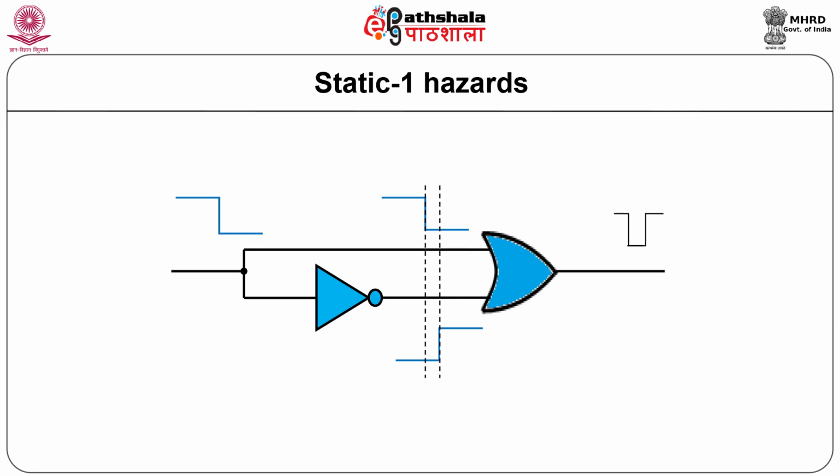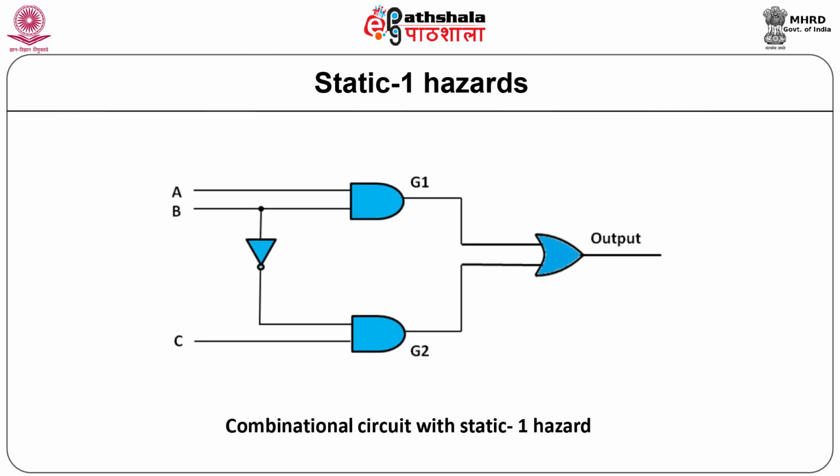The duration of the glitch or small pulse is proportional to the delay of NOT gate, and then the output returns back to logic 1. A static hazard occurs when one or more combinational logic circuit input signals change value and the final steady state output value remains the same.